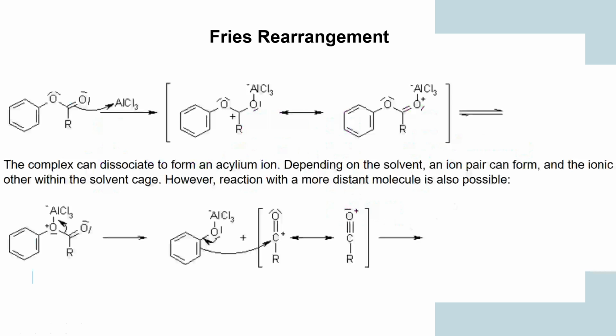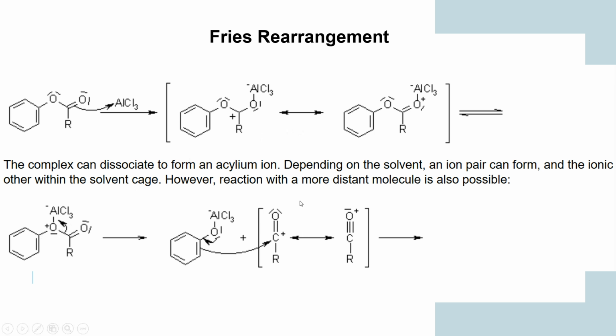So let us look at the Fries rearrangement reaction mechanism. What happens? The ester at first reacts with the aluminum chloride, which is given, to give us a complex as shown here. This complex then dissociates to form the acylium ion as shown here.